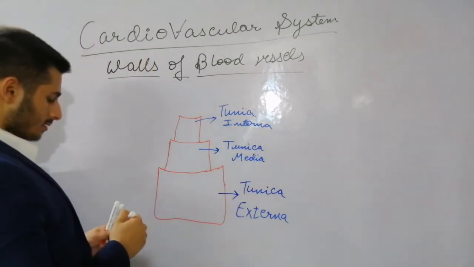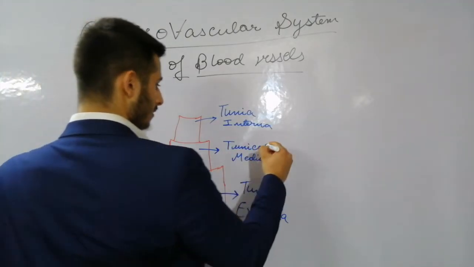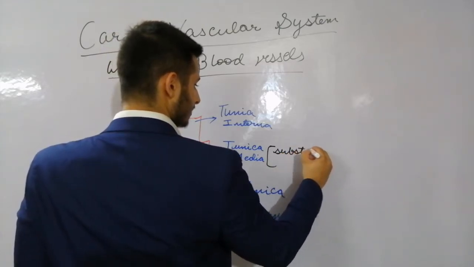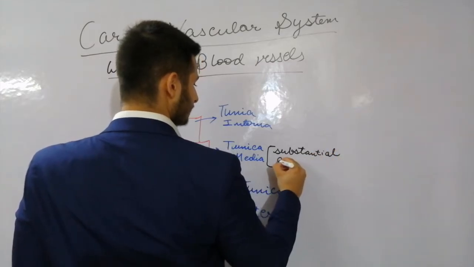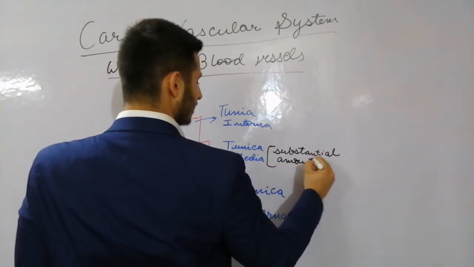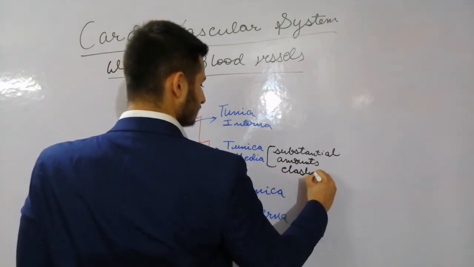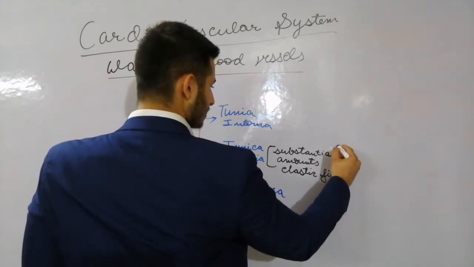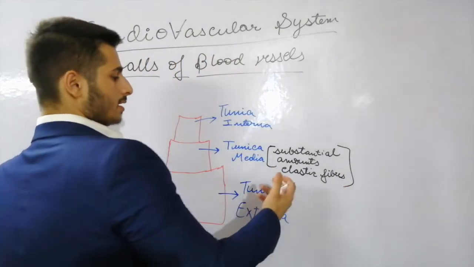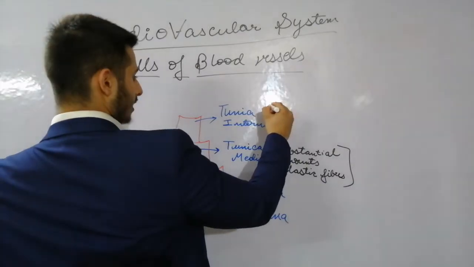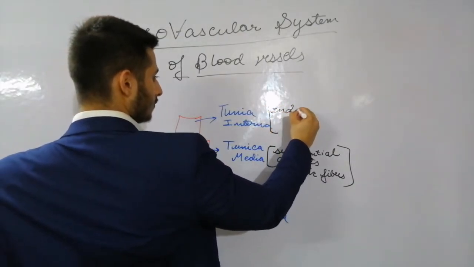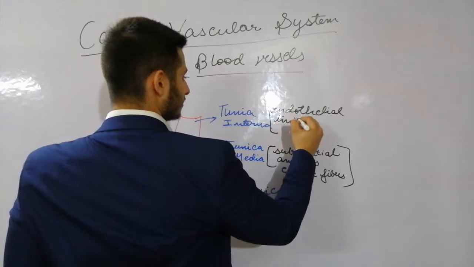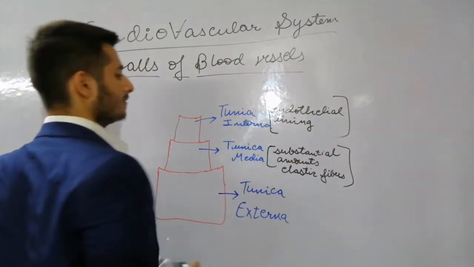The tunica media is composed of substantial amounts of elastic fibers, and tunica interna is the endothelial lining of the blood vessels.